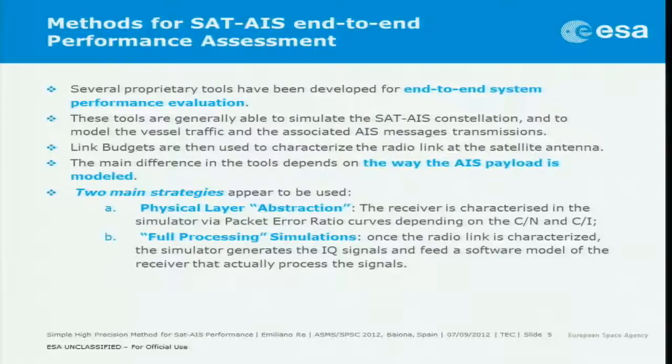They simulate the vessel traffic on the ground and the full transmission of the AIS messages, which means simulating the RF characteristics of the transmitters and the physical layer and the MAC layer of the AIS standard specification. Then, combining the transmitters with the geometry of the system, the simulator computes a link budget to determine the radio environment on the two AIS channels on board the satellite.